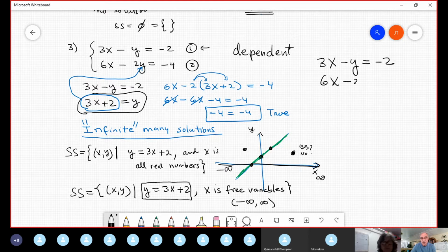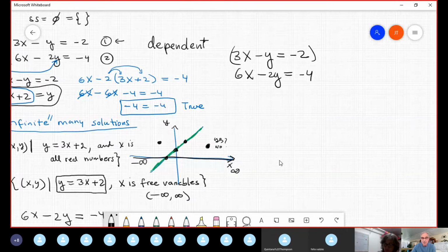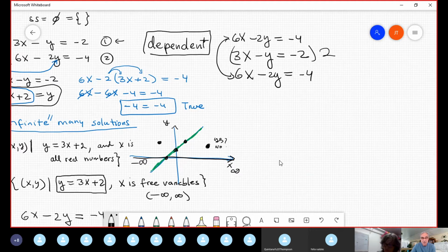If you multiply the entire equation number 1 by 2, in this case, another example, maybe another number, we have 6x minus 2y equal to negative 4. It's exactly the same as equation number 2. Therefore, this is totally dependent. And when it's dependent, we have solutions, but we have infinitely many solutions.